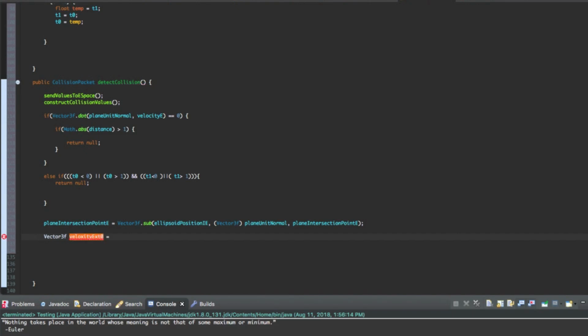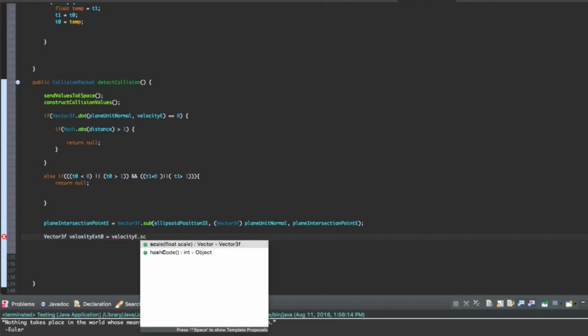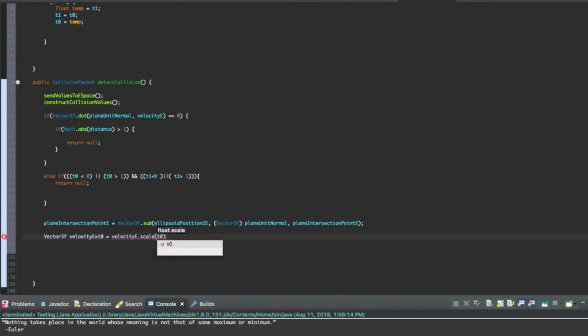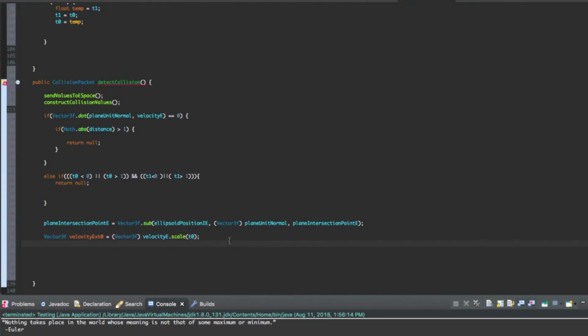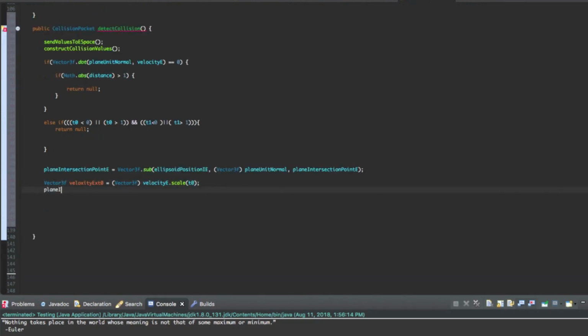I'll make a term for that, a new Vector3f, velocityE multiplied by t0, and that is going to be velocityE.scale, and we'll scale that by t0. I need to cast this to a Vector3f apparently. And now that I have these two quantities, we can calculate the true plane intersection point.